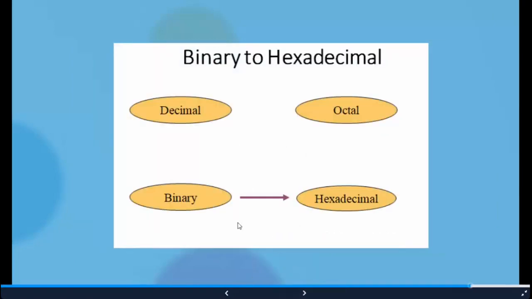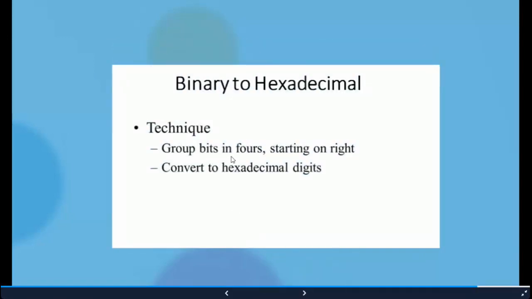So the next one is binary to hexadecimal. The same process, it's just the reverse. Always remember, if it's octal you group bits by 3, but if it's hexadecimal, binary to hexadecimal or vice versa, it's always grouped by 4.